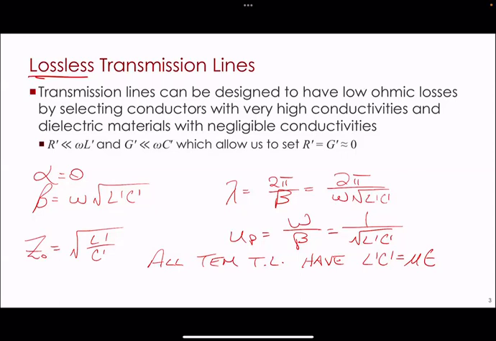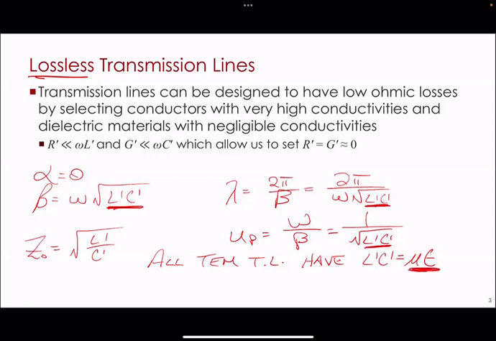So what does that mean? Well, we have an L prime C prime there, there, and there. For each one of those, we can replace them with mu epsilon.